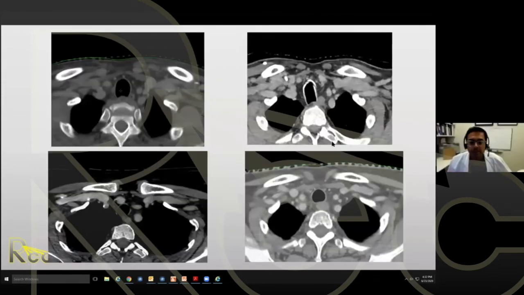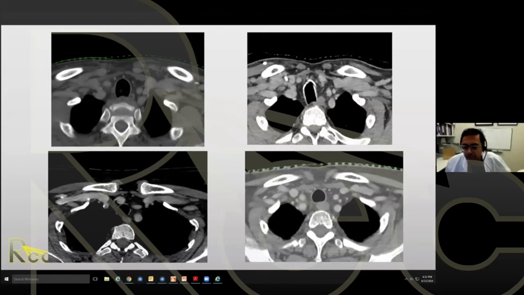Okay, so now this is what I was referring to in the previous question. This is 2 cm cranial to the manubrium in 4 different patients. So you can see how the anatomy varies based on the patient's habitus.